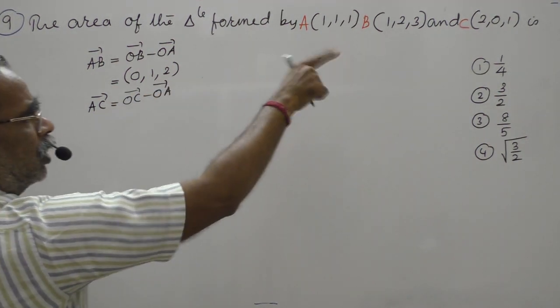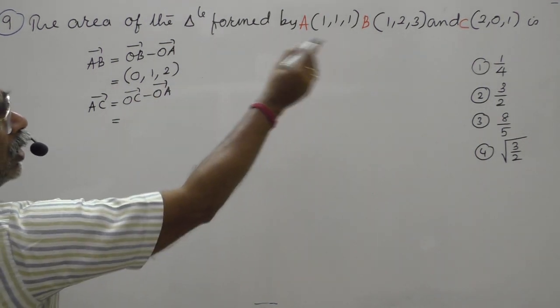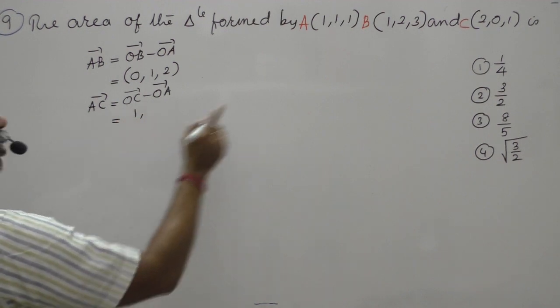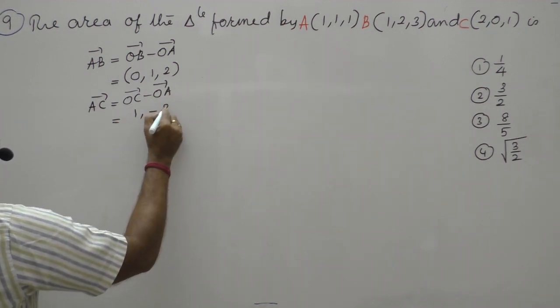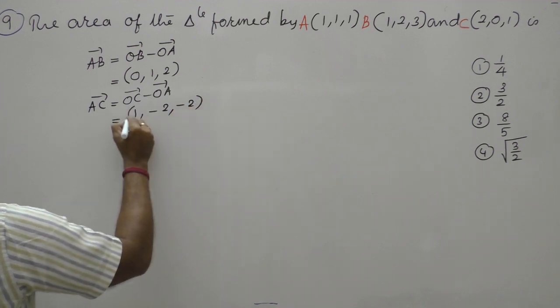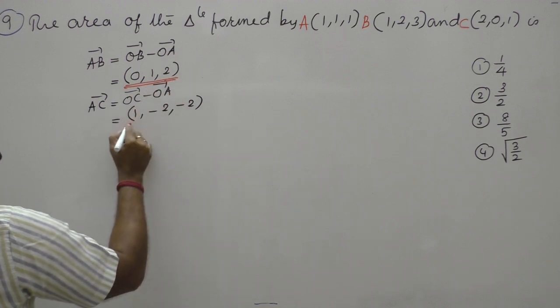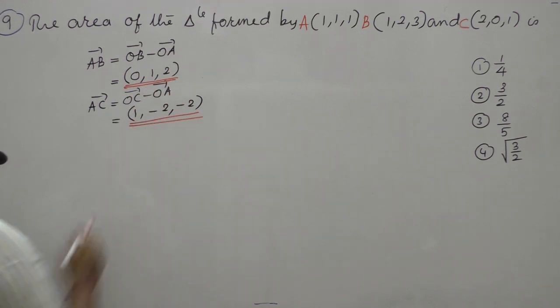These are points, that means they are position vectors. What is OC minus OA? 2 minus 1 is 1. 0 minus 2 is minus 2. 1 minus 3 is minus 2. Yes, these are the two sides of the triangle taken as two vectors.